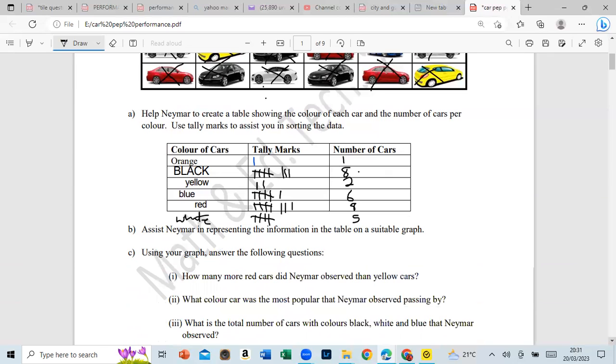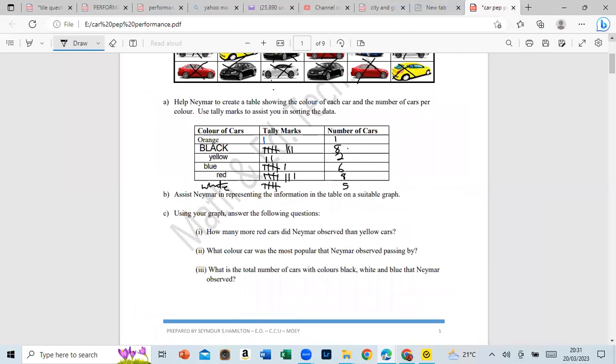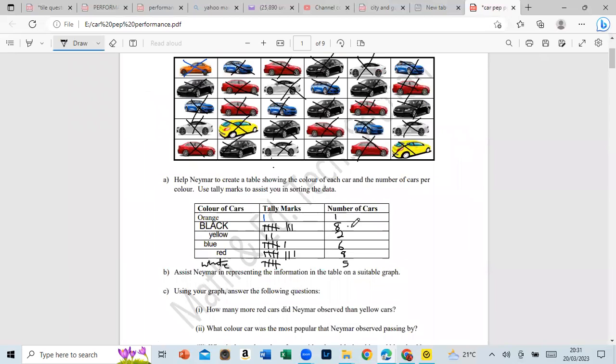How many more red cars did Neymar observe than yellow cars? Let me just zoom in on this a bit so you guys can answer that one. Let's go, guys. How many more red cars did Neymar observe than yellow cars?